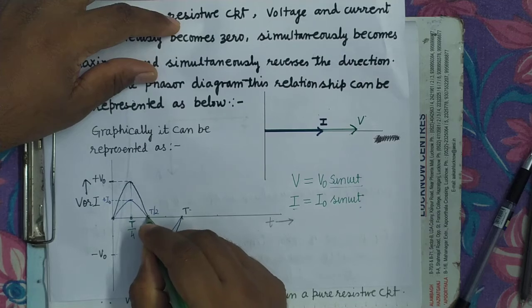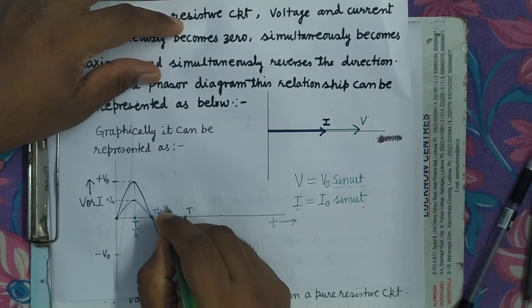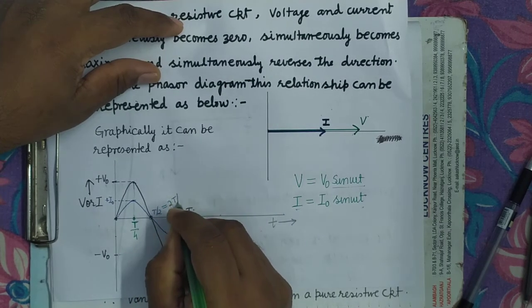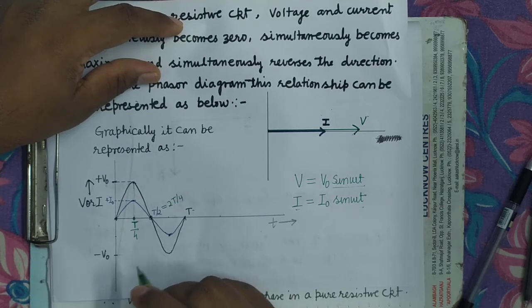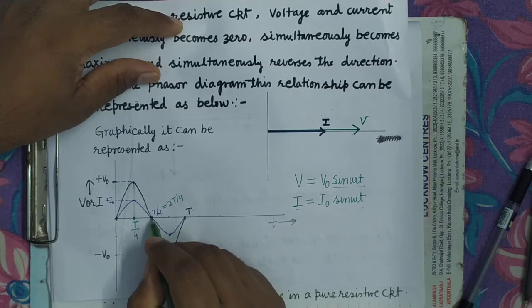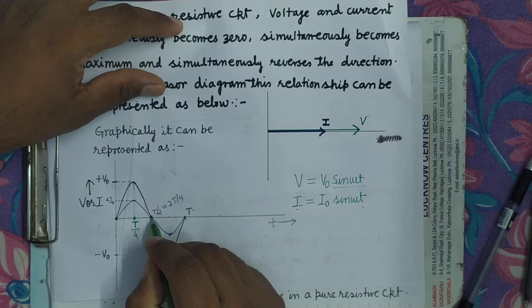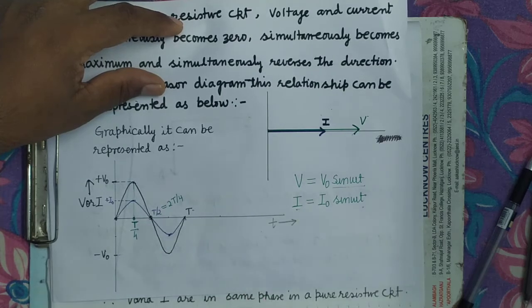Then at time T by 2, what has happened? Both values have become 0 and now the direction has reversed. Current will flow in the opposite direction. Now the polarity of voltage will be reversed.